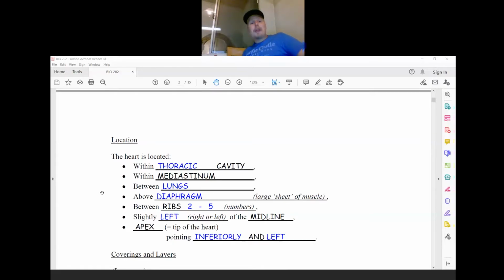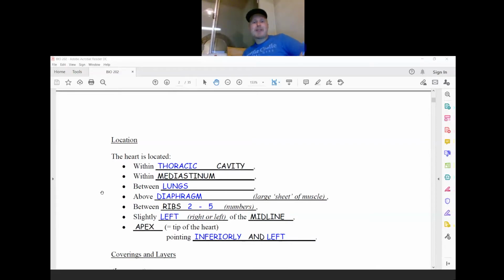The heart also, if you think about it, is located between the lungs, and we'll see when we study the lungs in the next unit that the location of the heart actually leaves imprints on the lungs as well. The heart is located above, so superior, if we use proper anatomical terminology, superior to the diaphragm.